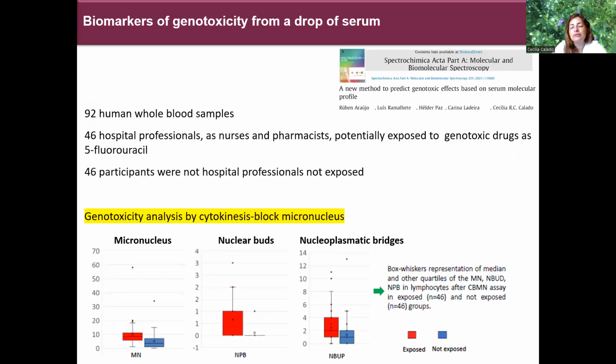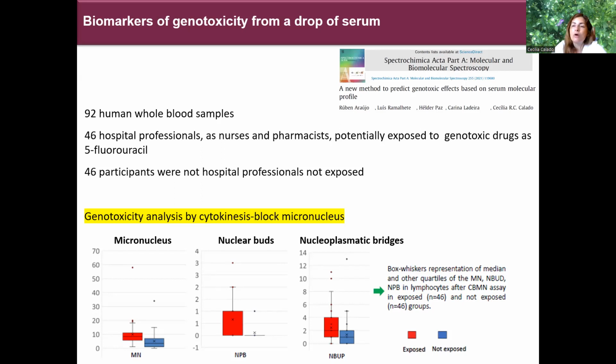One of the first examples where we applied this was to predict the exposition of human professionals to drugs that could give genotoxic effects. So they can alter DNA and could start a carcinogenic process. So we looked for volunteers.